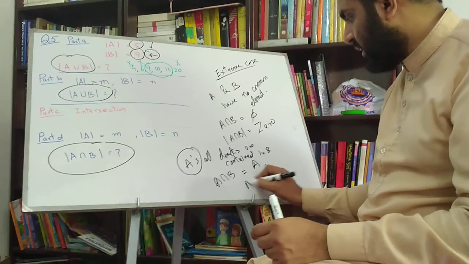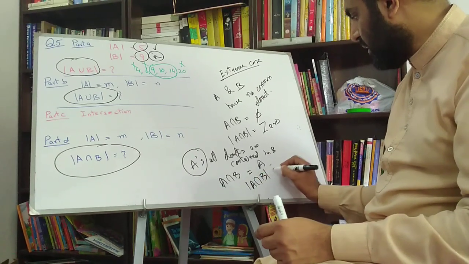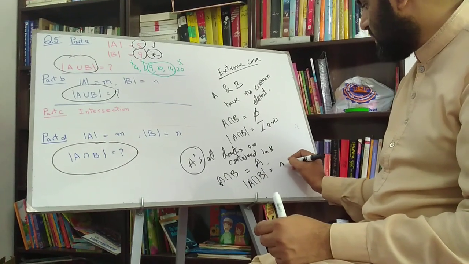So the cardinality of A intersection B is going to be the cardinality of A, which is M.